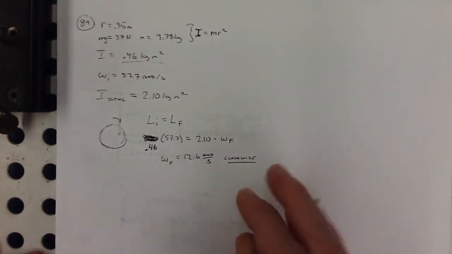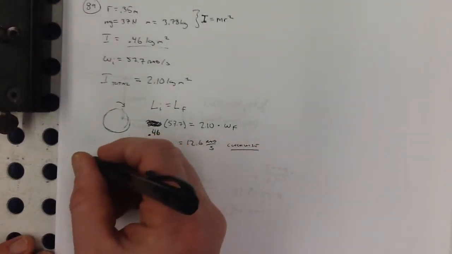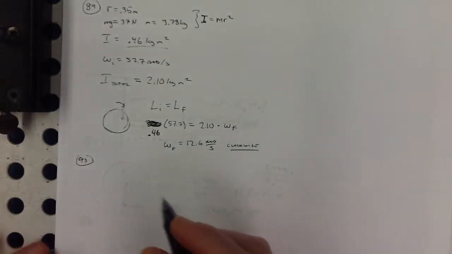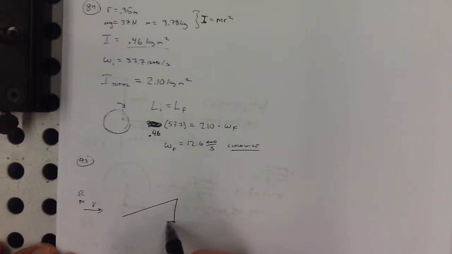Number 93. A body of radius r and mass m is rolling smoothly with speed v on a horizontal surface. It then rolls up a hill to a maximum height h. So I have something rolling along with mass m, radius r, speed v, and it encounters a ramp and rolls up to a height h.